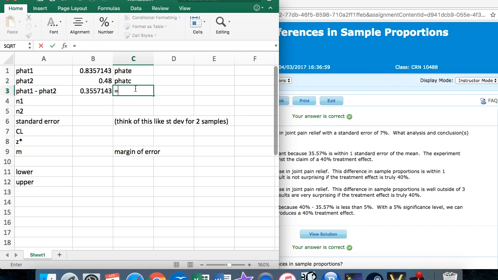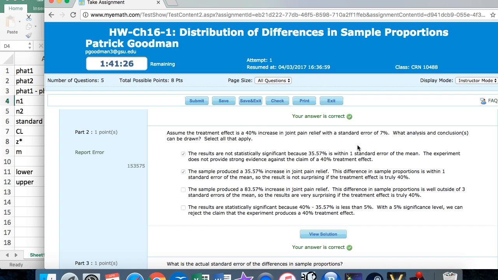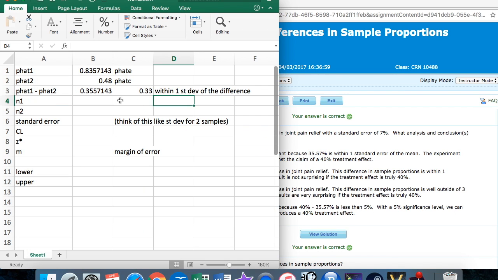So if I do my 0.4 minus 0.07, sorry, I get to 33%. So that means this 35% is within 1 standard deviation of the difference, I guess. So that's a problem, right? It's within 1 standard deviation.